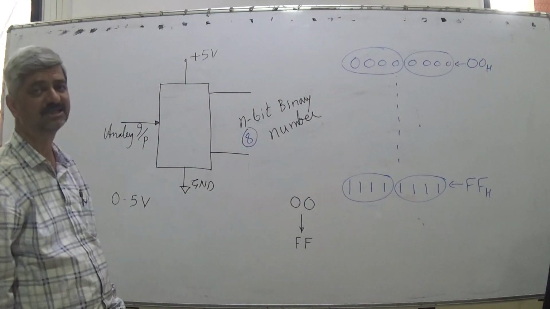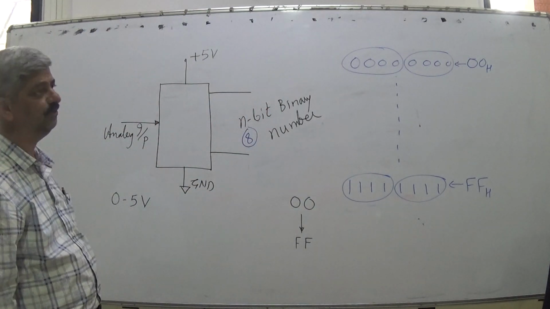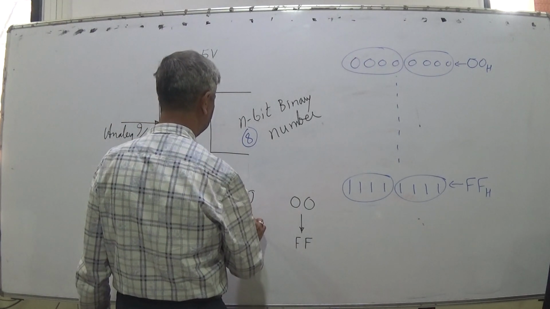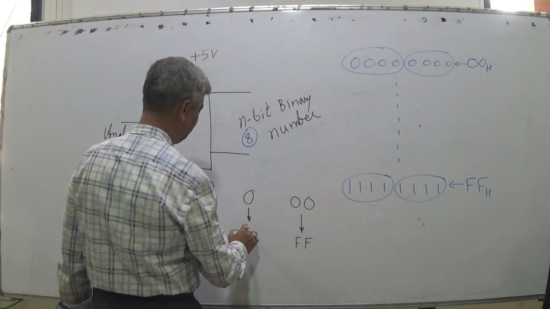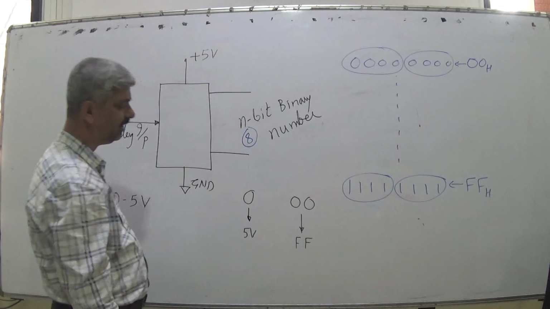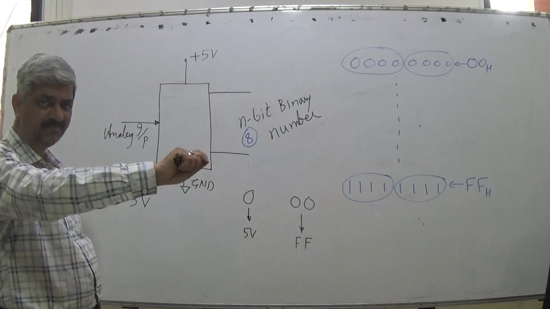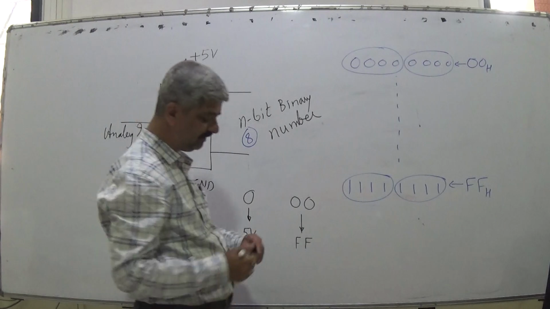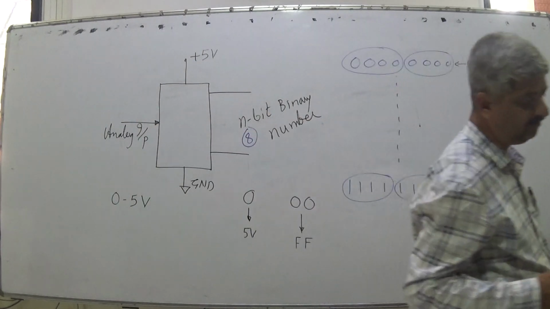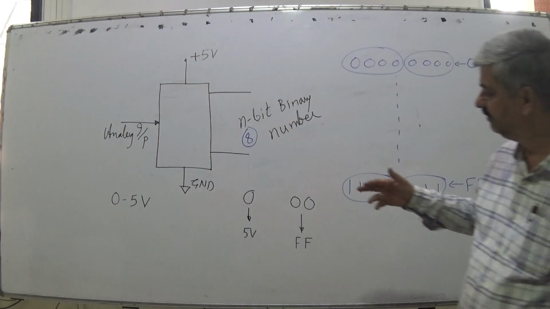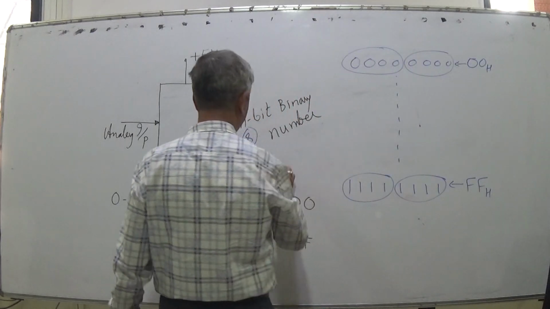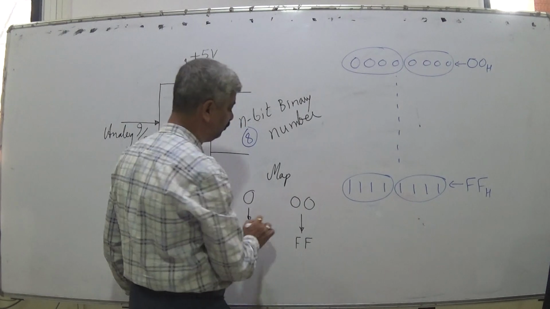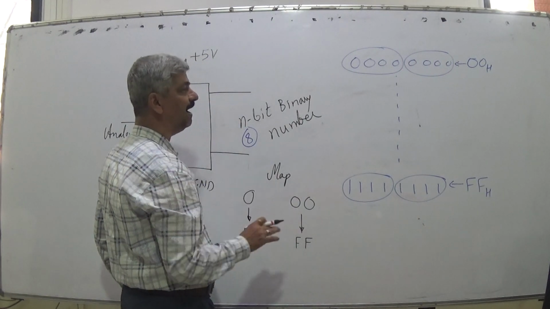Then on the analog side, you have 0 to, let us say, 5. Then you have some kind of scaling adjustment, so that you can map what 5 volts should correspond to.